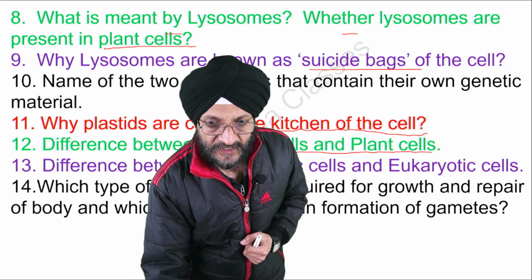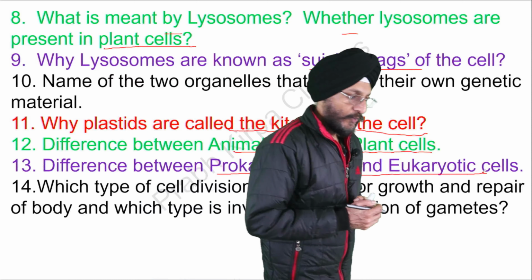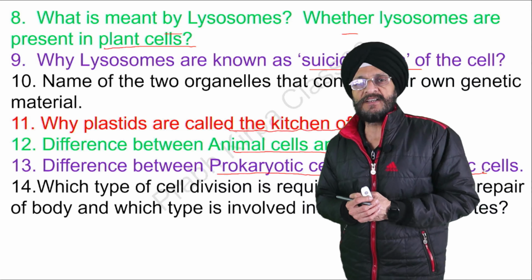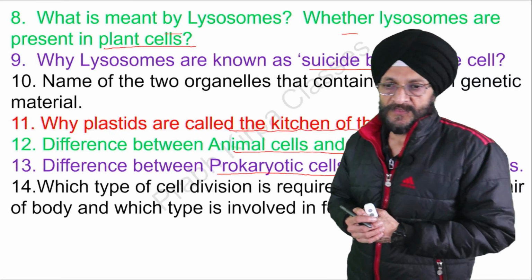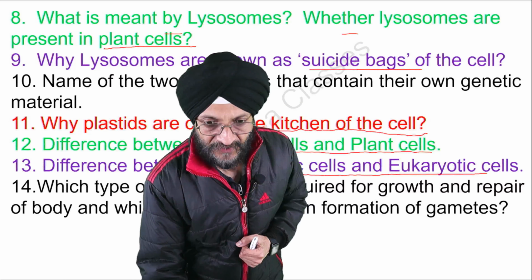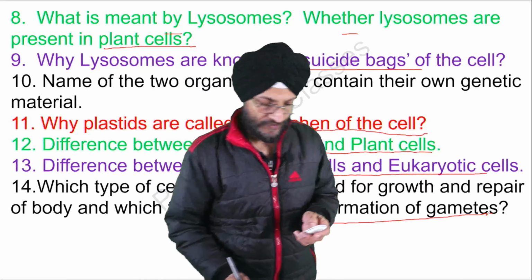Then, what are the various differences between prokaryotic and eukaryotic cells? Then, which type of cell division is required for growth and repair of the body, and which type of cell division is involved in formation of gametes? In this course, we will learn about cell wall, cytoplasm, nucleus, and ribosomes.